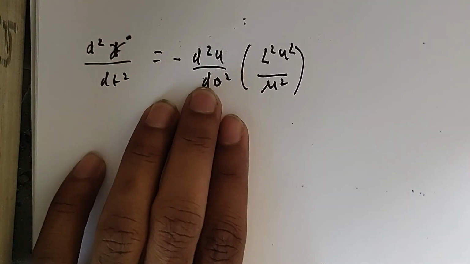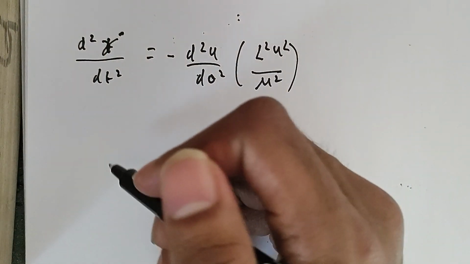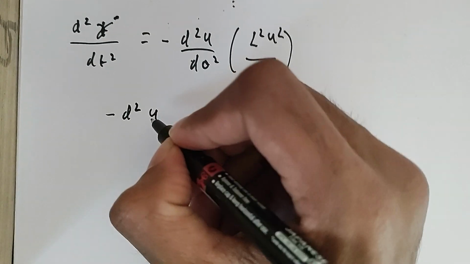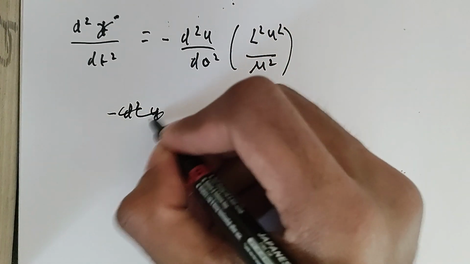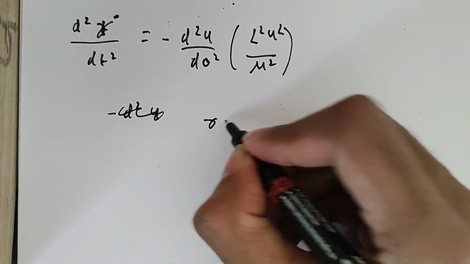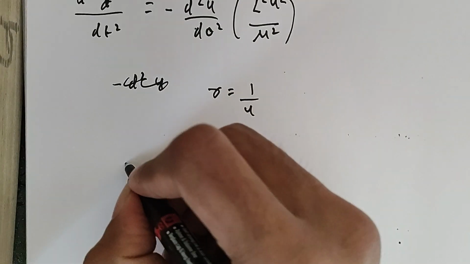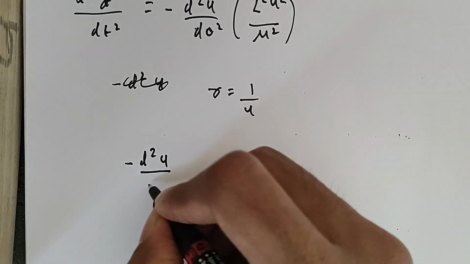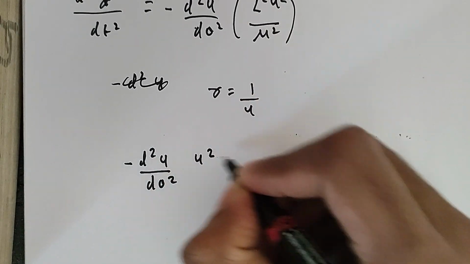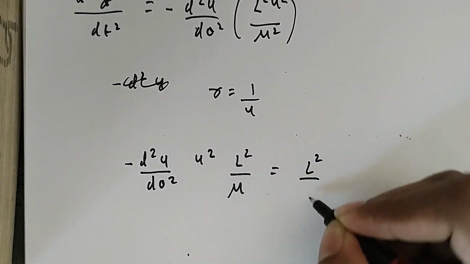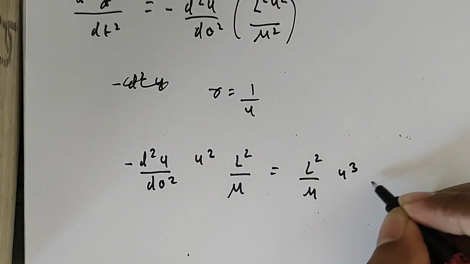Alright, so further I'm going to substitute this particular equation that we just got into the star equation. That's easy, and we will get, so okay, I'm also going to resubstitute my r dependency, so I'll get a complete equation, L square mu u cube.